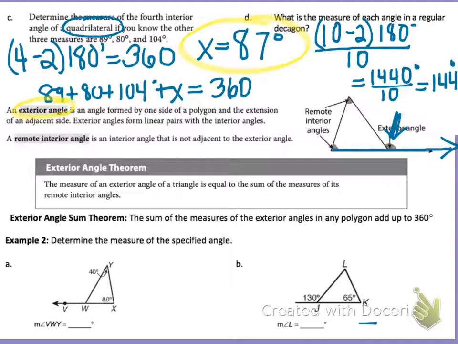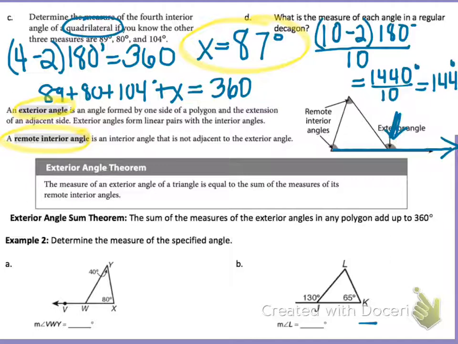Another definition we need is what's called a remote interior angle. Think about the word remote. You use a remote for your TV so that it can be on the other side of your bedroom and you don't have to get up and go touch it, right? It's on the opposite side. It's not right by you where you can touch it. Well, that's what it means here. A remote interior angle is an angle that is not adjacent, not next to the particular exterior angle that we're focusing on.